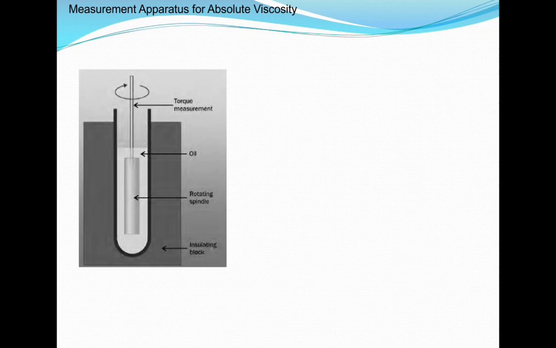The used oil is inside this glass tube, and we give a rotational motion to the spindle. If the degree of contamination is more, the viscosity is more, and you need more force to rotate. So the level of force or level of torque applied will tell how much is the absolute viscosity.